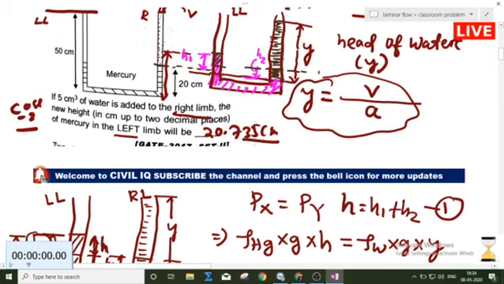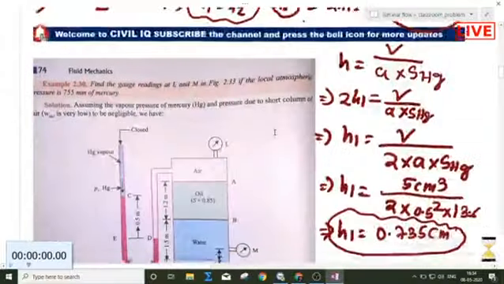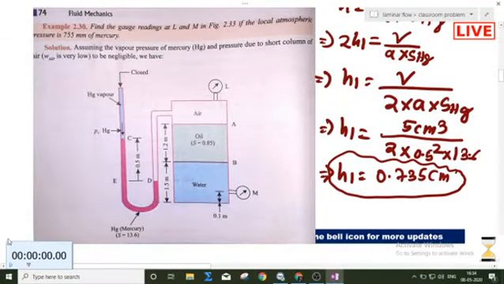Okay, now you'll go to the next problem. You see this problem and try to solve it.